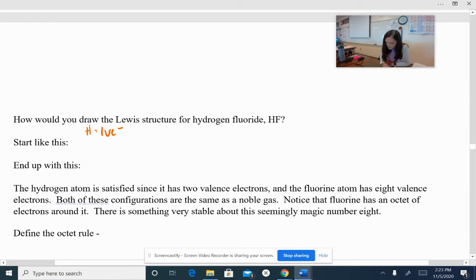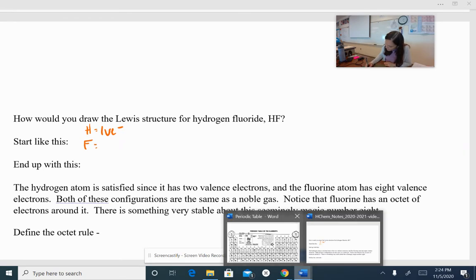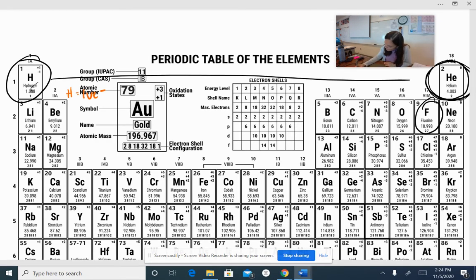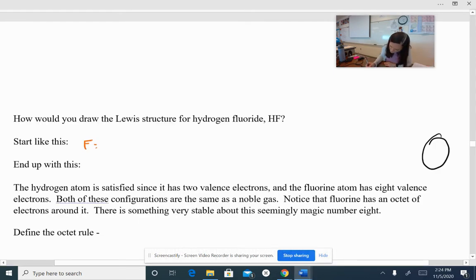And then for fluorine, I have 7 valence electrons. Okay, so that gives us 8 total valence electrons.